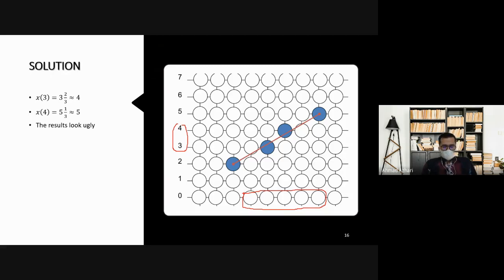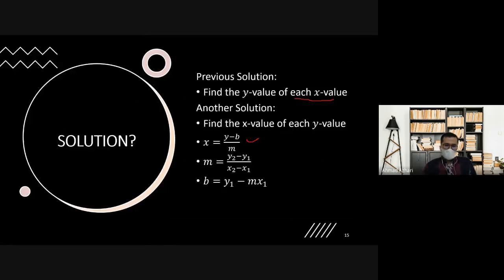As before, you can use the x equation, (y minus b) divided by m.